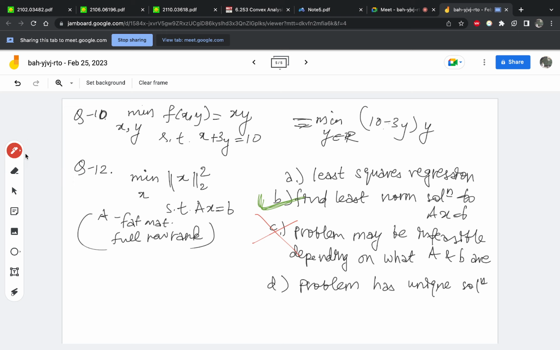Since there is an optimal point, but uniqueness? It should be unique, right? Only one possible least norm solution should be there.